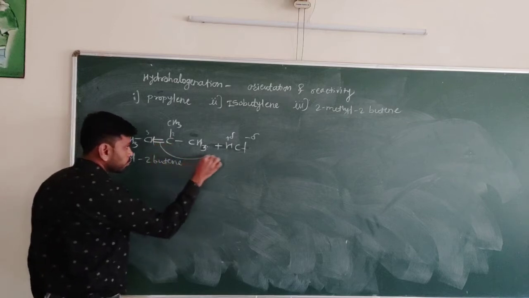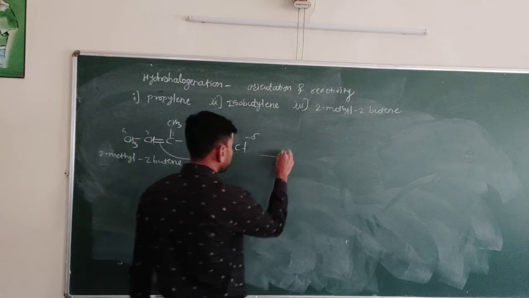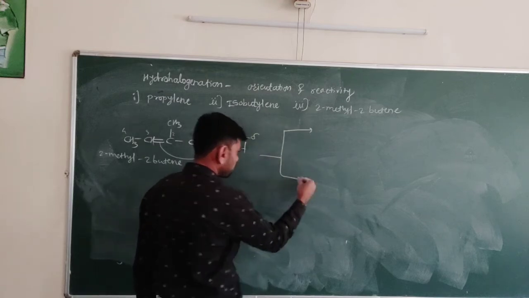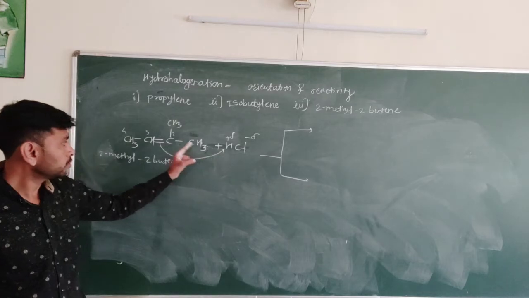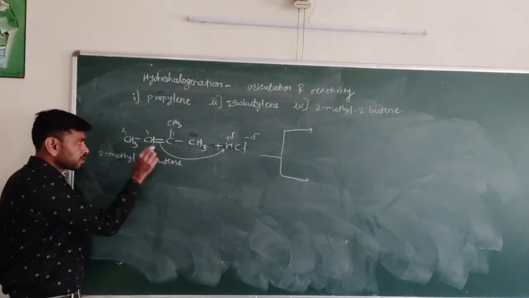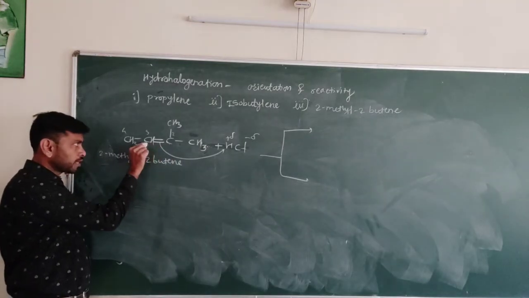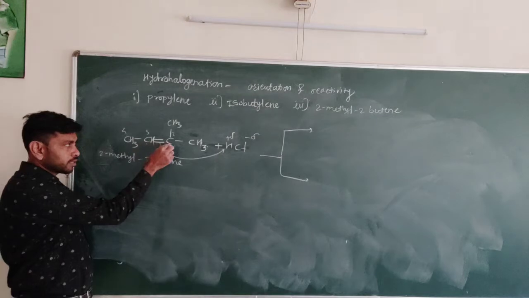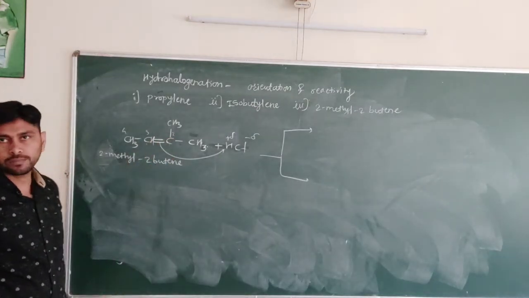Now this double bond attacks the H plus, and again there is a possibility of two carbocations forming. If the proton attaches here, the carbocation forms on carbon number 3. If the proton attaches at number 3, there is the possibility of forming the carbocation at position number 2.